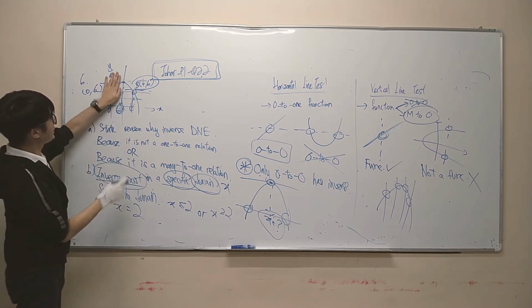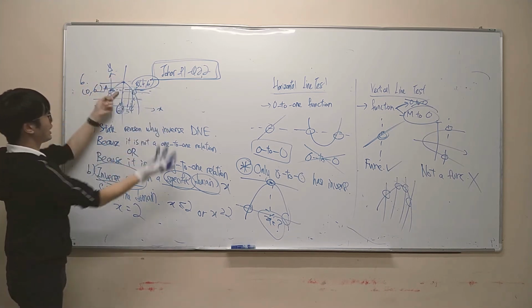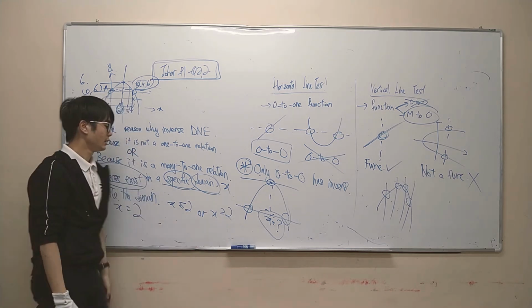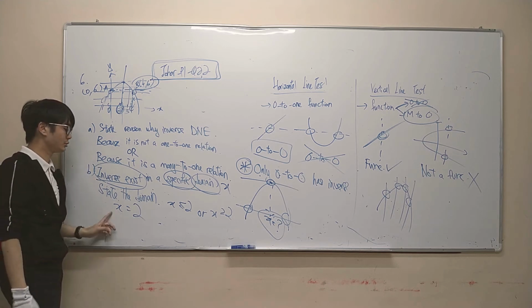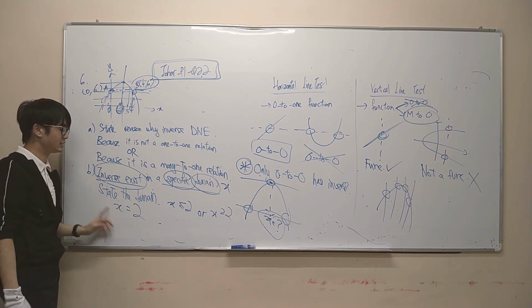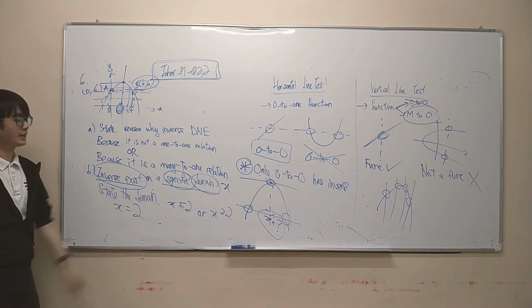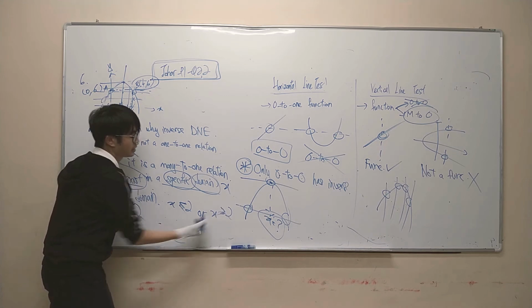Even if x is bigger than 2, for example 3, if you draw the vertical line at 3, you will have 2 intersection points. So I'm not quite sure why they write like this. But I'll stick to my answer. I still think this is the correct answer, so I think the answer will be x equals to 2. And if you look also, they write smaller or equal here, and bigger or equal here also.